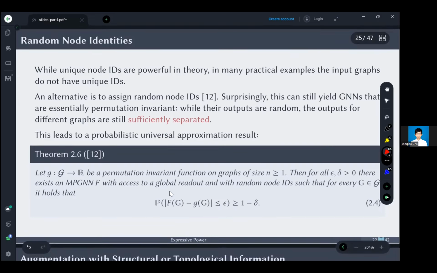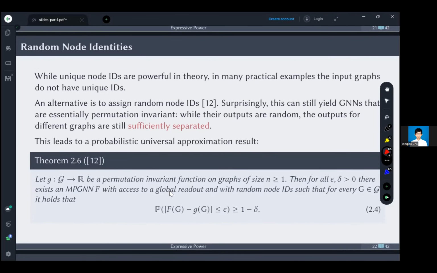The theorem is that you have a permutation invariant function g on graphs of size n, and for any fixed delta and epsilon greater than 0, there will be a graph neural network model f with access to a global readout function and with random node identities, such that the probability that the difference between f and the underlying permutation invariant function g is less than or equal to epsilon is greater than or equal to 1 minus delta.